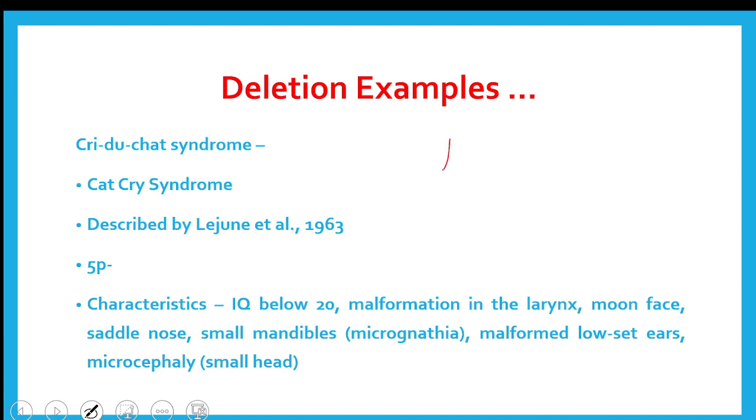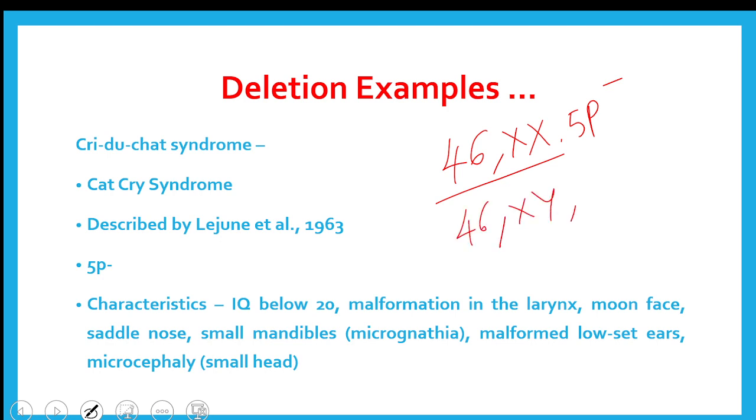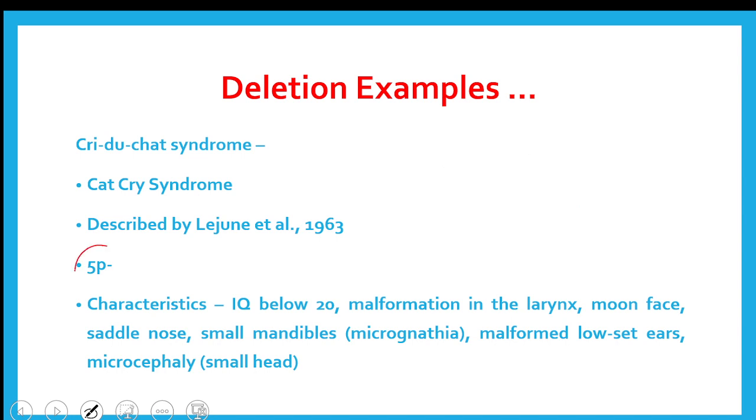So the karyotype of this will be 46,XX if this is female, and like this if it is male. So what does this show? Here 5 refers to the fifth chromosome, p refers to the small arm.